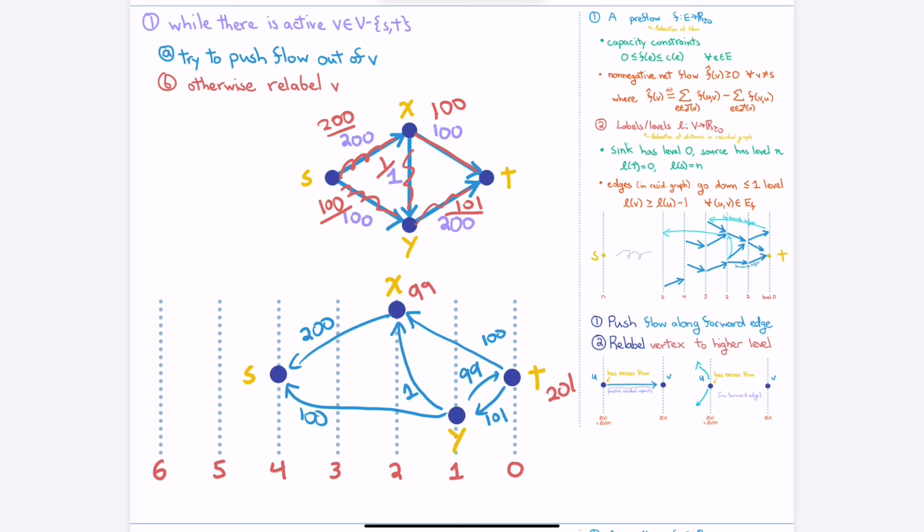So, all right. So pick an active vertex. We'll promote X. Should I draw it for effect? So you promote X once, right? It goes like this. And then you promote X again. Promote X again.